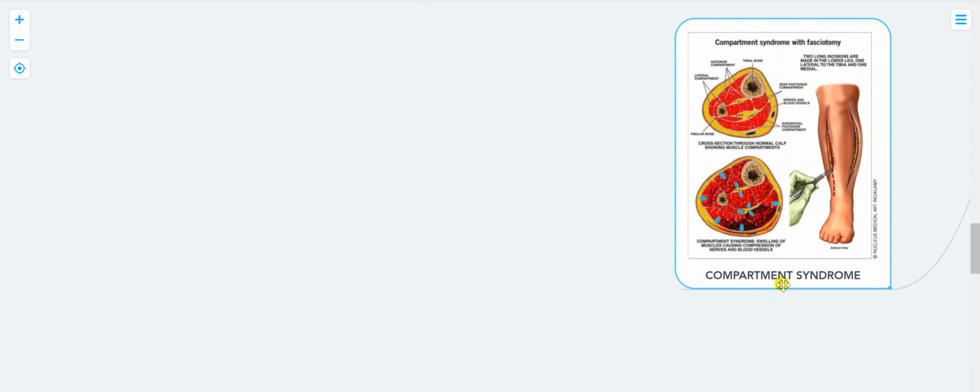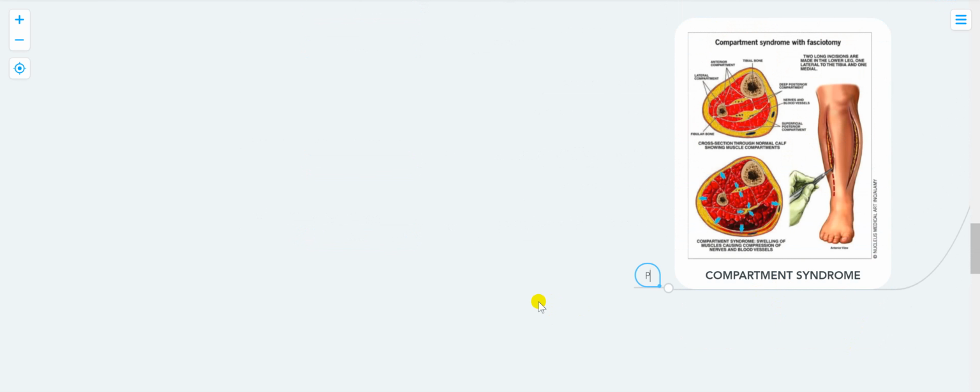Now the compartment syndrome. What do we have? Compartment syndrome is usually a perfusion injury within the fascial plane, a confined compartment. How does the patient present?